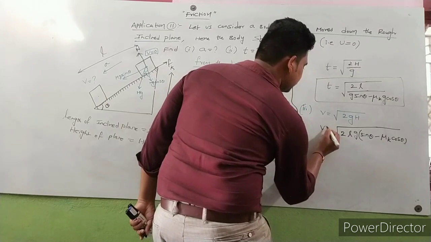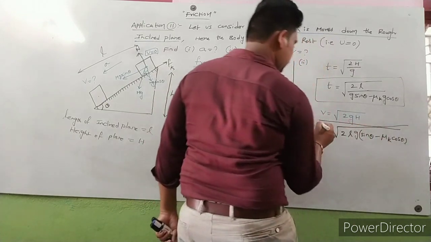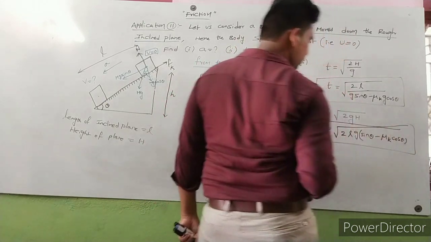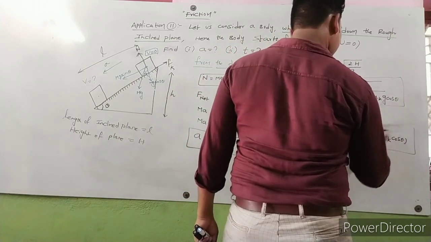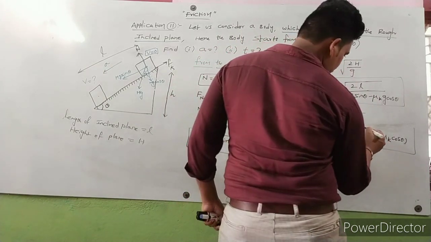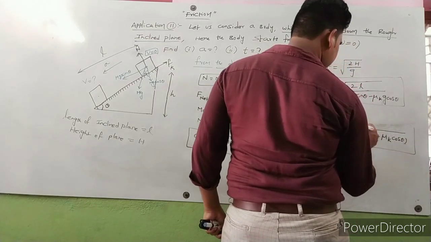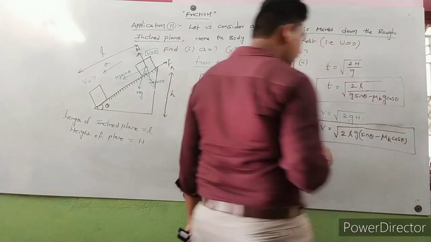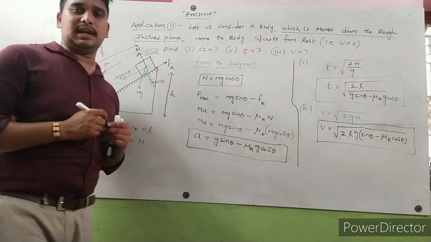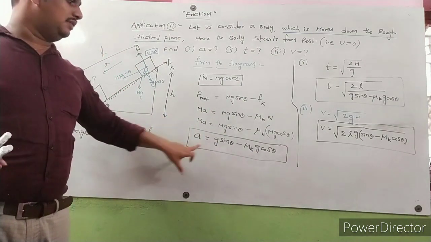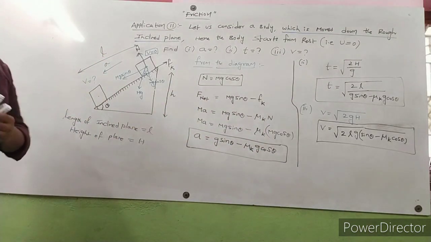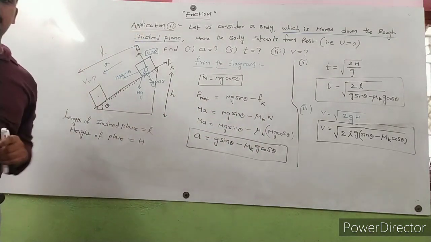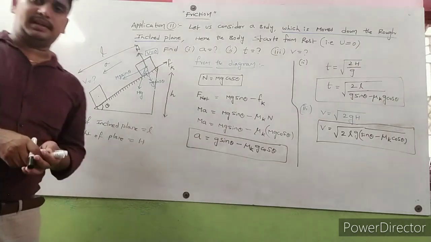This is the final velocity, and the acceleration is g sin theta minus mu k into g cos theta. This is for the rough inclined plane.